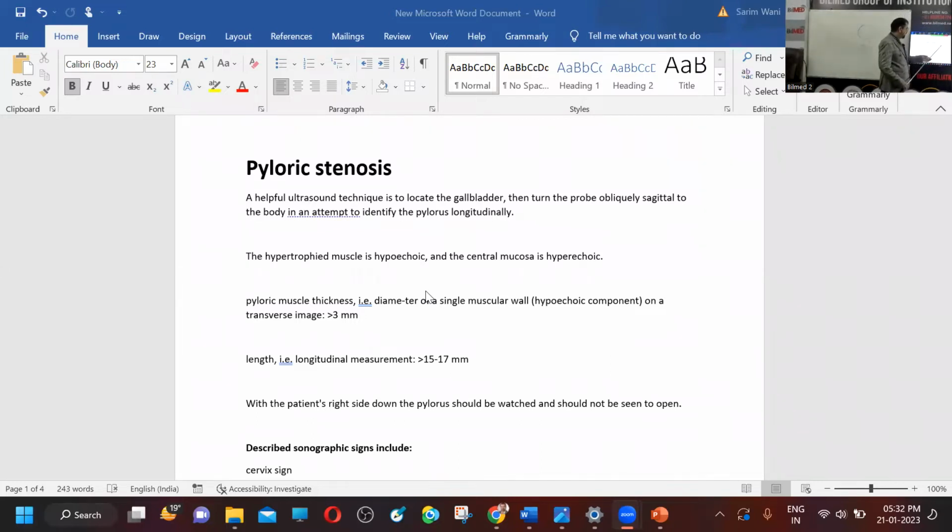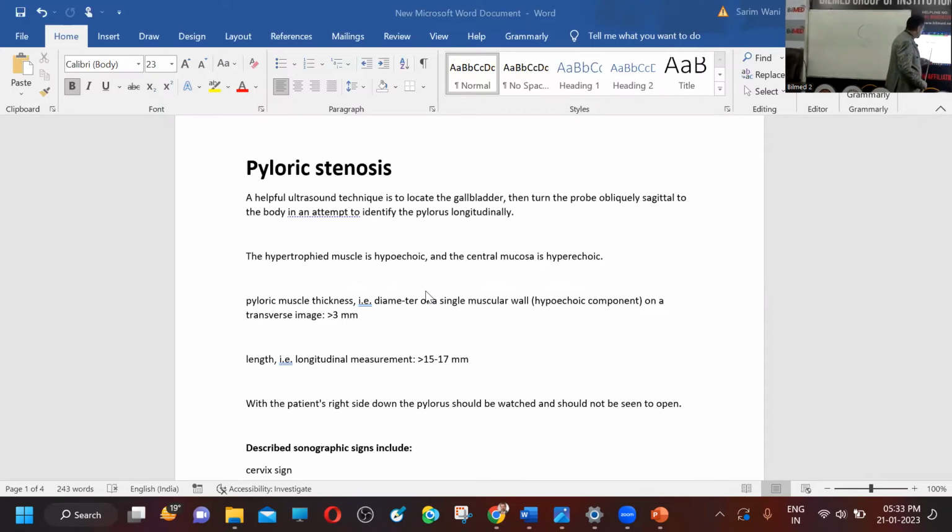Once you have located the gallbladder, then turn the probe obliquely so that your probe is hitting more sagittally, and take an attempt to identify the pylorus, and that pylorus will be in longitudinal section. So locate your gallbladder first, and then attempt to hit the pylorus sagittally, and when you are hitting that, the pylorus will be in a longitudinal section.